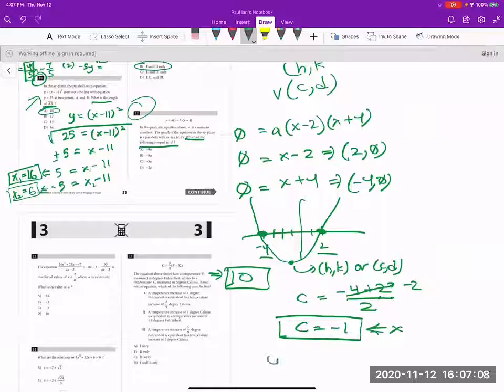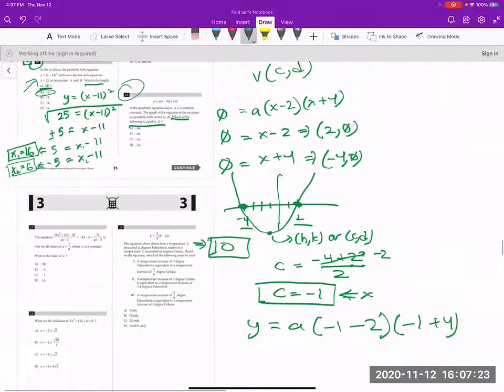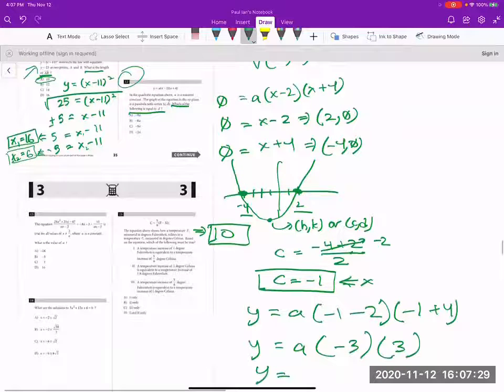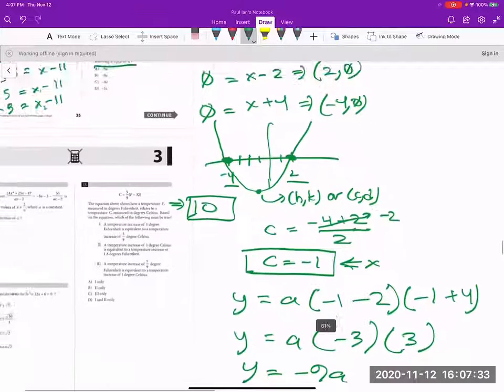So let's see. So Y equals A. That's going to be -1 minus 2, and then -1 plus 4. So yeah, Y, and this is -3. This is going to be 3. So Y equals -9A, yeah? In this case.